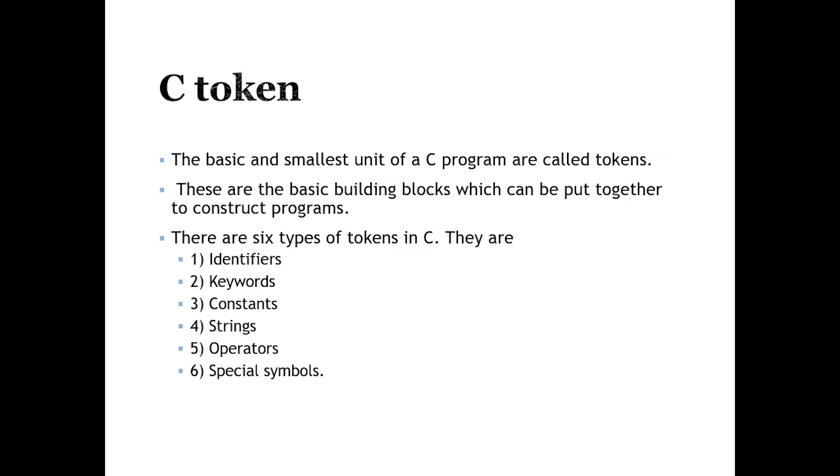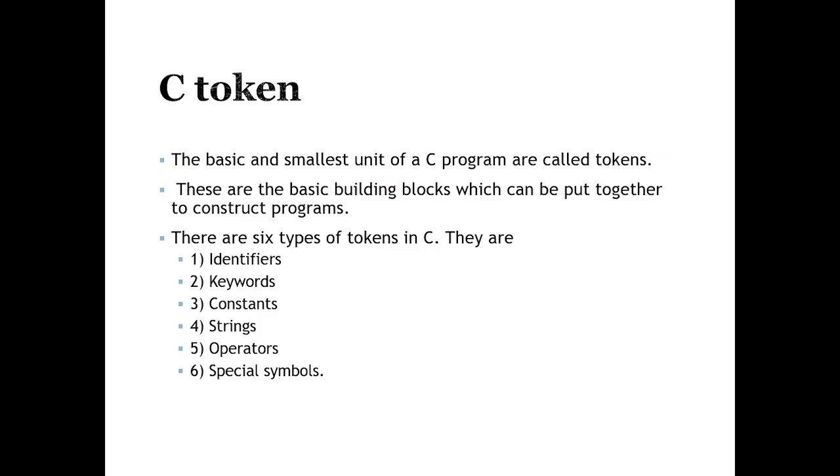So what is a token? A token is the basic and smallest unit of the C programming language. Just as a word is the smallest part of English, for example, if I say run, if I say play, these are words. If I say dog, cat, these are words.